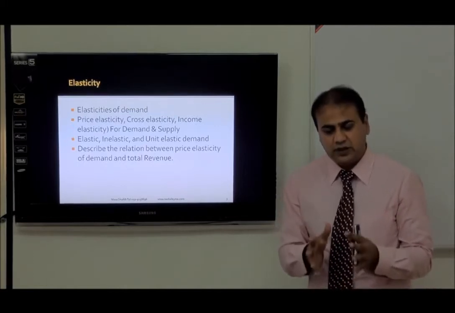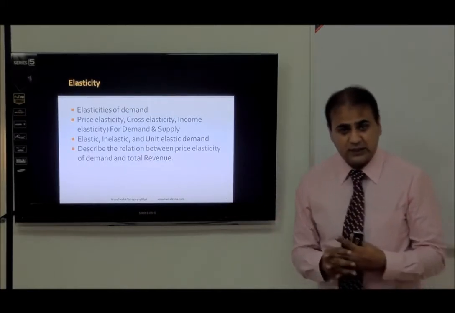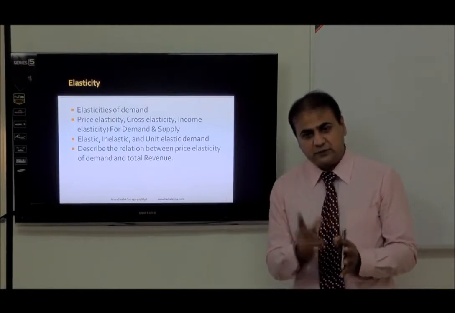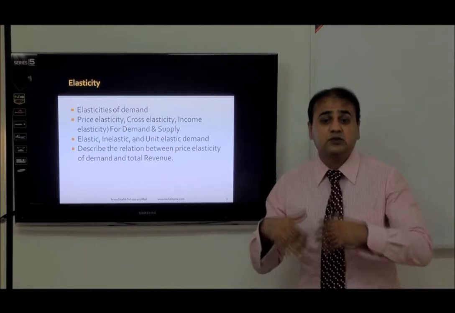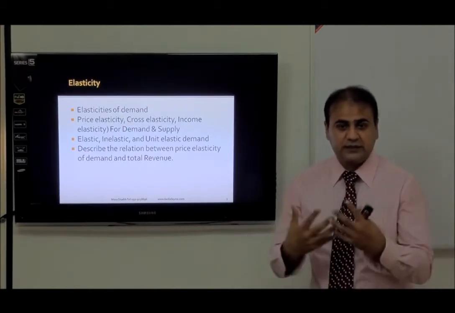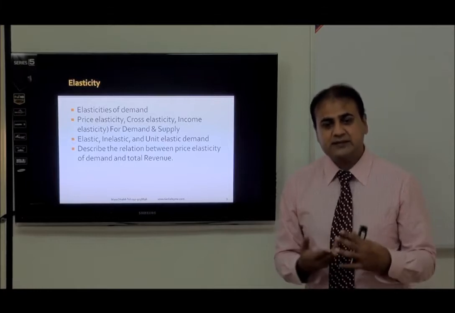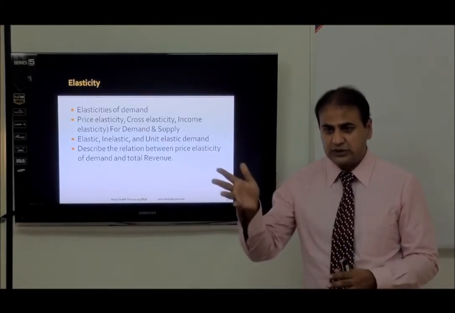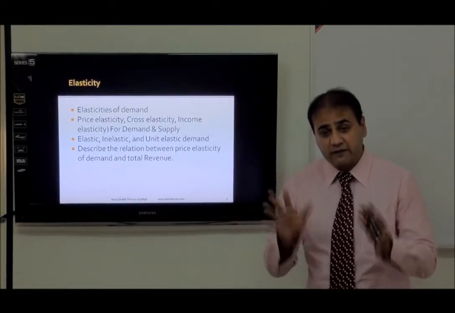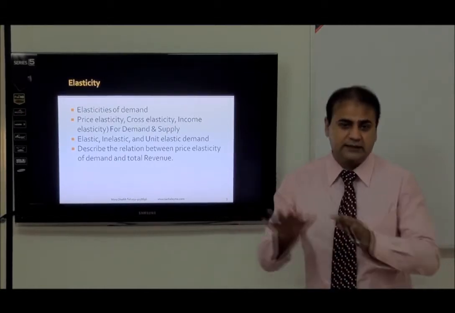That's why today we are going to discuss elasticity, to see the measure of the degree of responsiveness between two variables. This is just to start with. In the advanced form, we will add so many things, but as a basic mechanism of the stock exchange or the interest rates, everything starts from demand and supply.